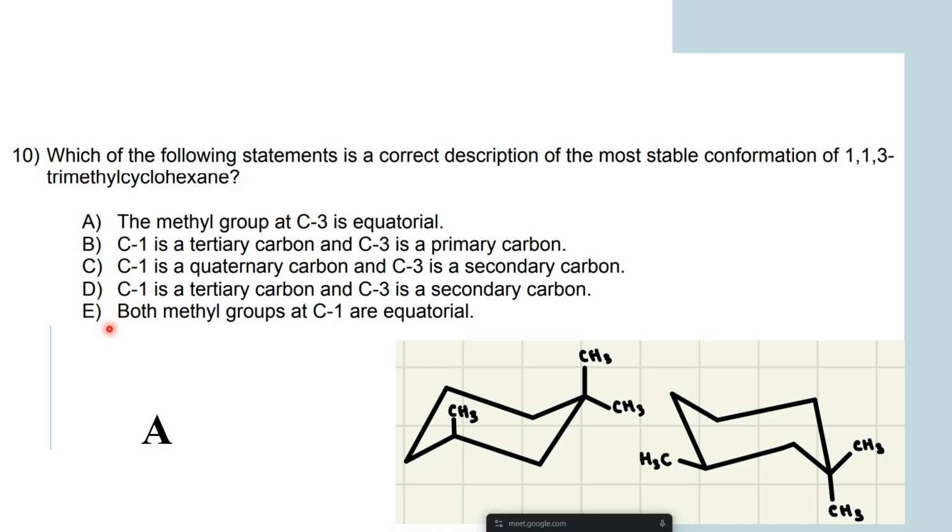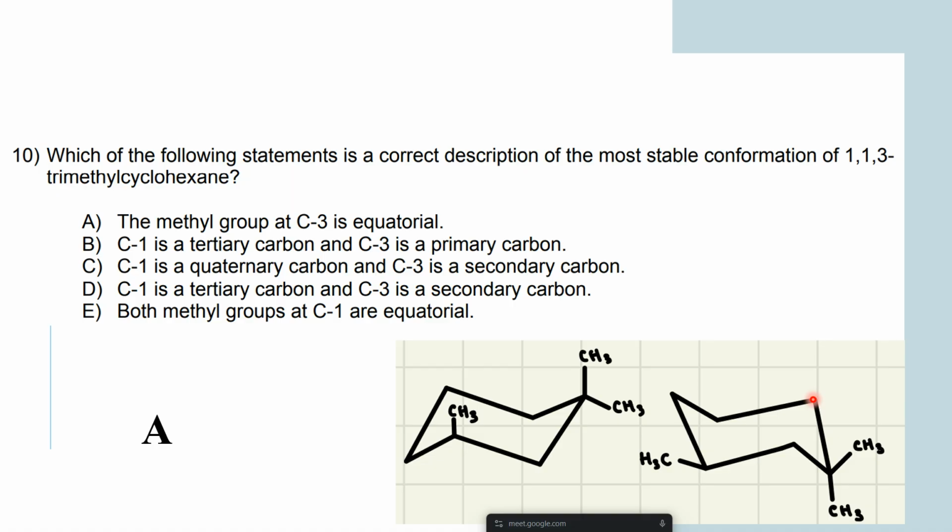And option E says both methyl groups at C1 are equatorial. No, that is not possible. In cyclohexane conformation, of the two substituents at one ring carbon, one will possess an axial position and the other will occupy an equatorial position.